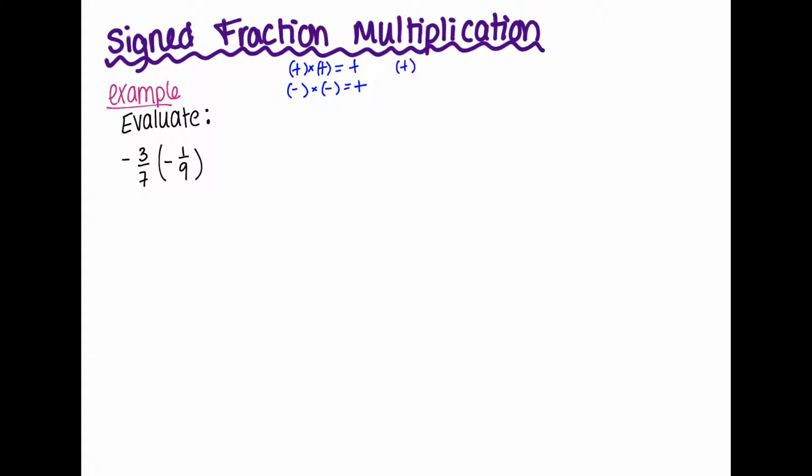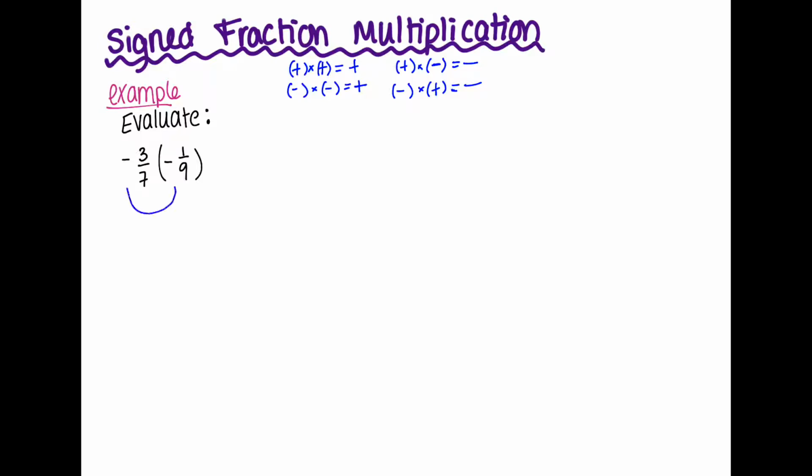A positive and a negative give a negative, and the same for a negative and a positive. As long as you know how to multiply fractions, which is just multiplying straight across, and you understand the rules of multiplying negative numbers, you're going to be fine on this.